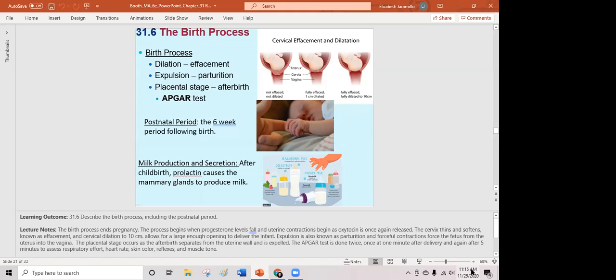The APGAR test is a test that is done twice. Once at 1 minute after delivery, the minute they pull them out, they run all these little tests and clean them up and all that good stuff, right? And then again after 5 minutes have passed, to assess the respiratory effort, heart rate, skin color, reflexes, and muscle tone.